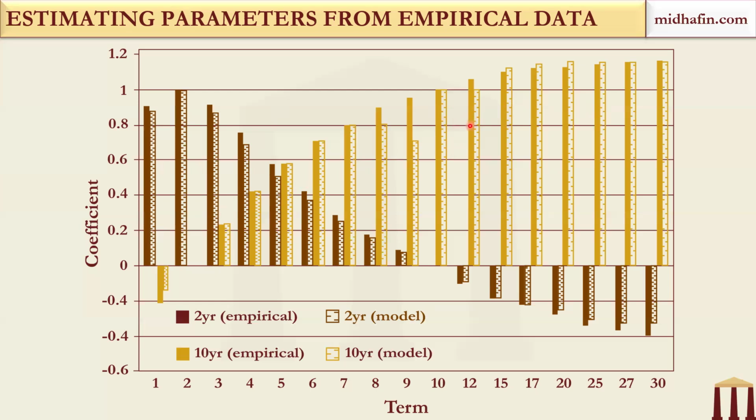So the real success here is not just in the fitting of the data. It is in the fact that the model architecture itself is capable of doing that with only three mean reversion parameters.